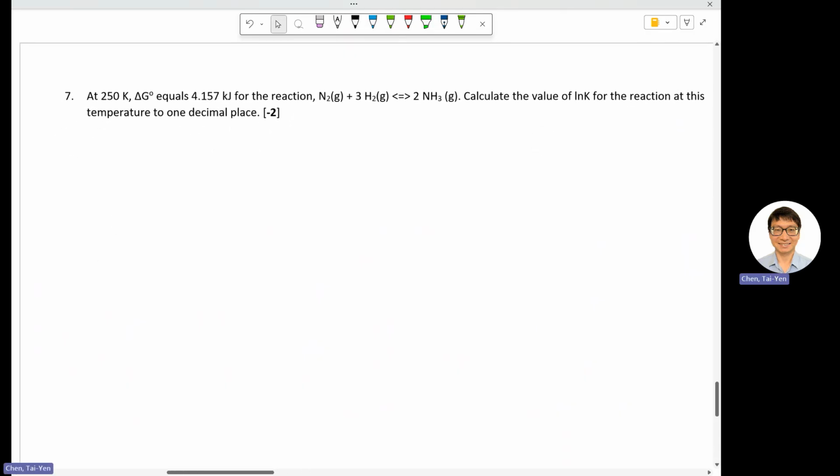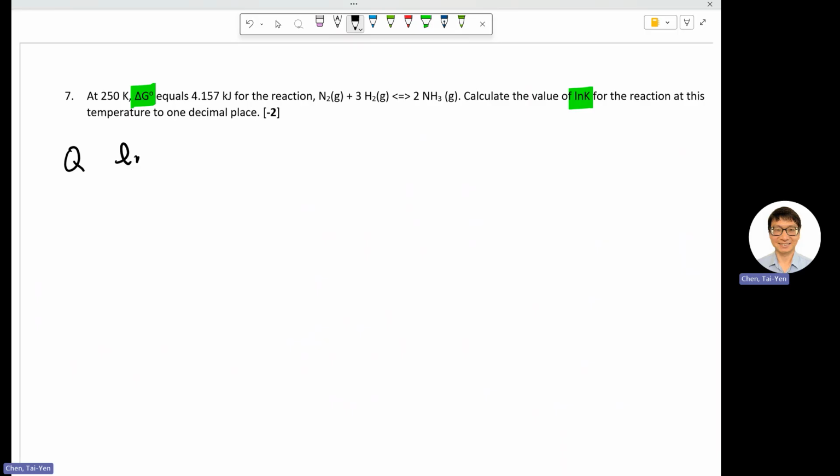Okay, I want to talk about these questions. Here it says, at 250 K, delta G not equals a certain number for this specific reaction. Calculate the value of natural log K. The keywords here are this and that.